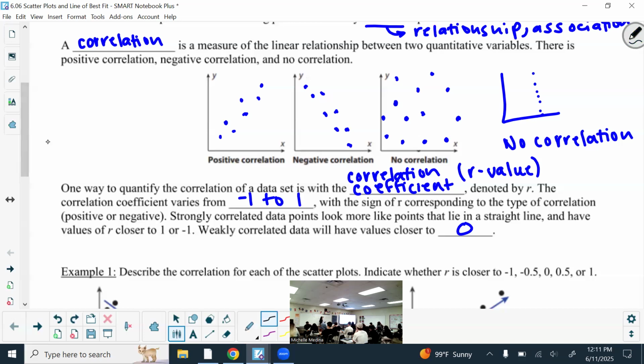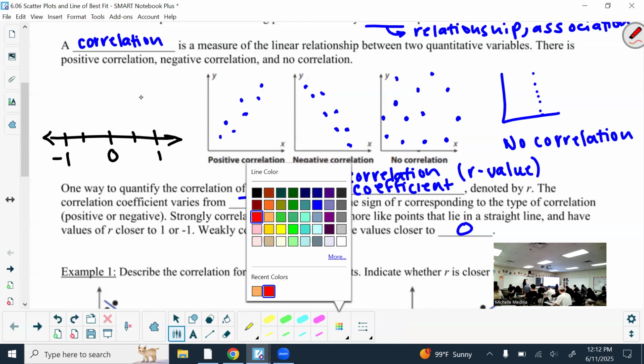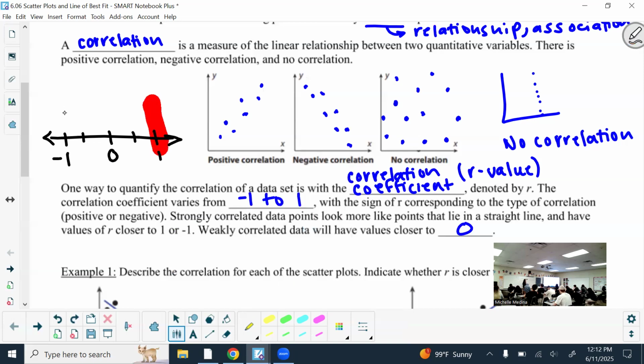Okay, so to illustrate that, a question on R value strength is going to be on your test. These are what my R values go between and every decimal in between. So I could have a 0.5 here. I could also have a -0.5 here. But the strongest, the most linear graphs, are going to be when it's 1 exactly and -1 exactly, or really close to it.